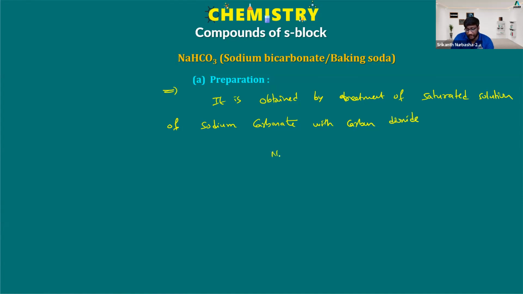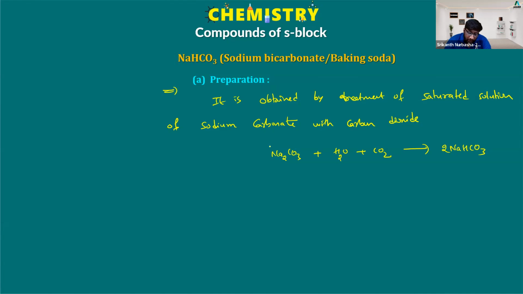So you have Na2CO3 plus H2O plus CO2, that will lead to the formation of NaHCO3.